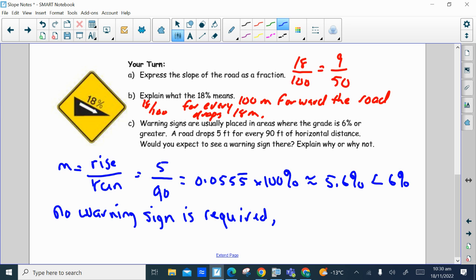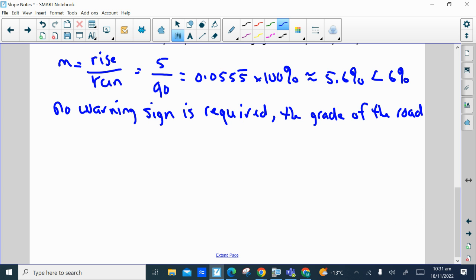Because the grade of the road is less than 6%. So no warning sign is required.